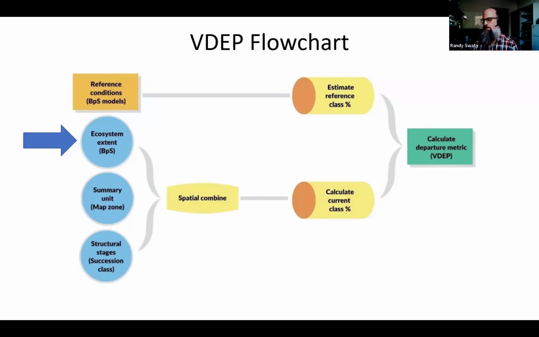So basically, in LANDFIRE's work in vegetation departure, we do a spatial combine of those bottom 3 inputs to calculate current percent. Then the reference percents come from the biophysical settings models. So that's our kind of grounding flow chart, I hope. And I'll here be talking about the biophysical settings.